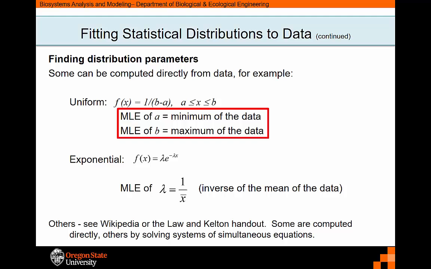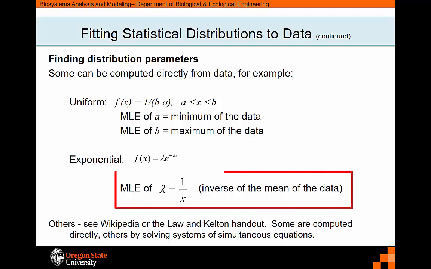These are, in fact, the best estimates of A and B. For the exponential distribution, only a single parameter is required, lambda. We can estimate the value of lambda for a given dataset by computing the mean of the data and then calculating lambda as 1 over this mean value.